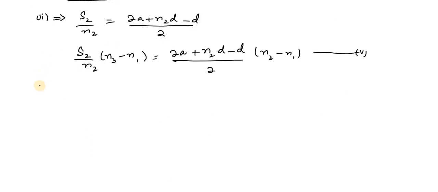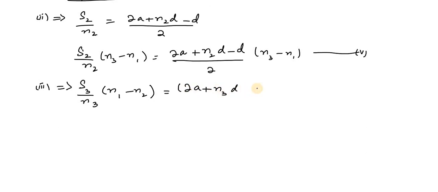Equation number 3 implies S3 upon N3. We multiply this with N1 minus N2 as given in the question, so (2a plus N3 D minus D) upon 2 times (N1 minus N2). This we say is equation number 6.